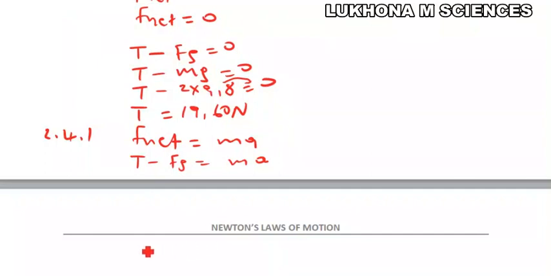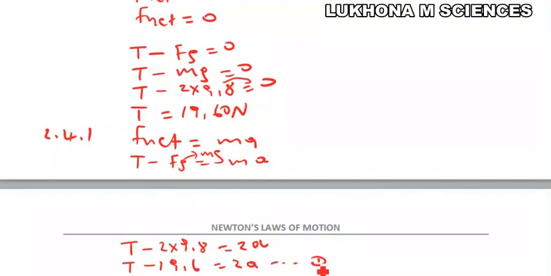So we have tension minus this one is equal to mg. The mass for this one is 2, then times 9,8, which is equal to the mass times acceleration, but we do not know the acceleration. So we have T minus 19,6, which is equal to 2a. This is the first equation.